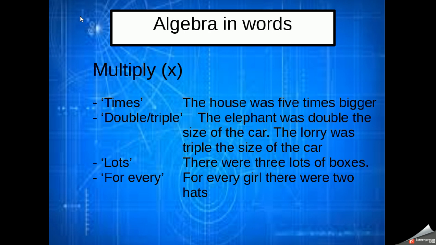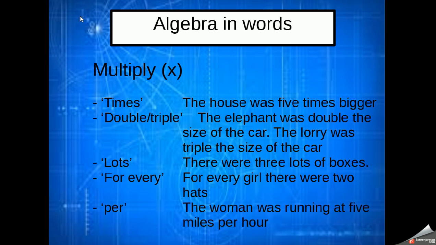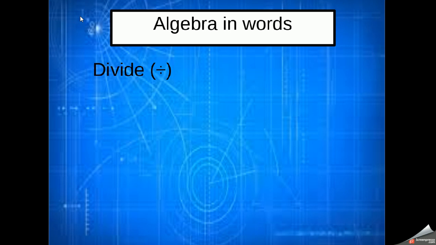For every, or per girl, there were 2 hats. So if you've got 6 girls, if it says for every girl there's 2 hats, 6 times 2 is 12. And it's the same with per. The woman was running at 5 miles per hour. In this case it doesn't work, but per, as in there were 2 hats per girl, you'd multiply the 2 by the number of girls.